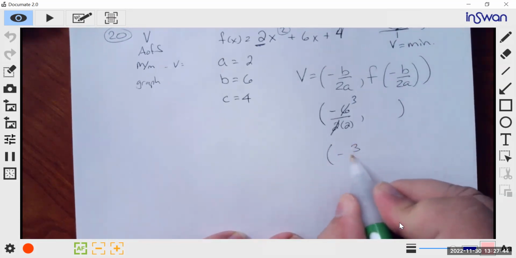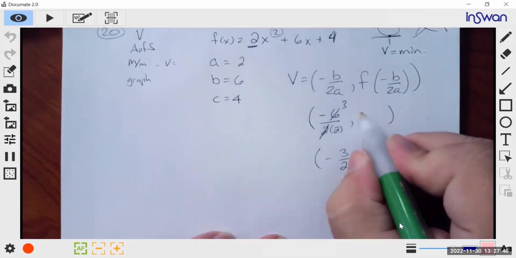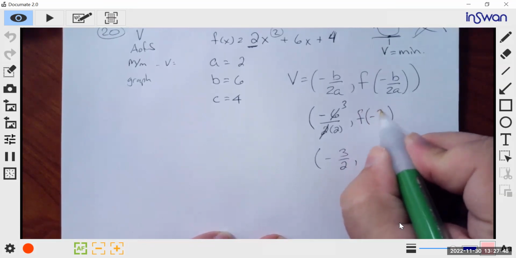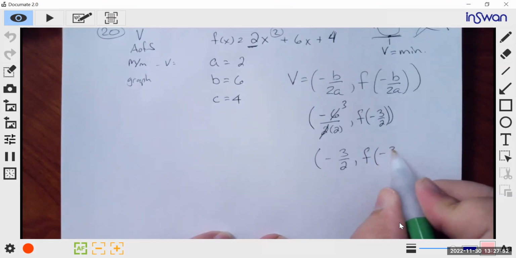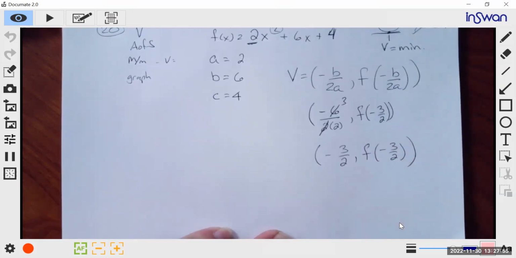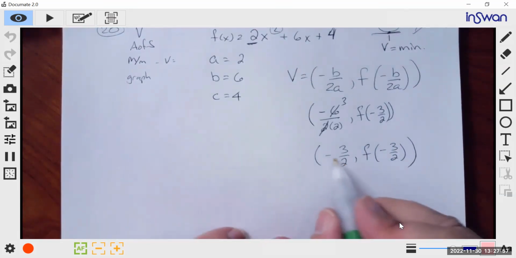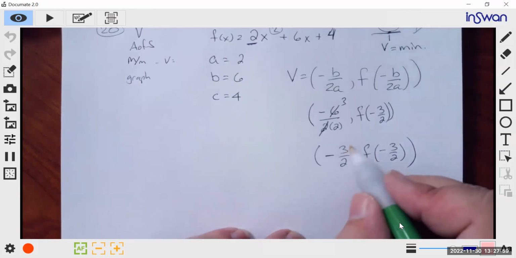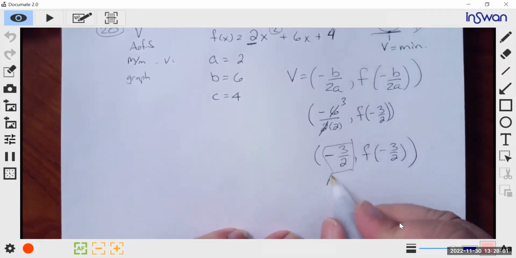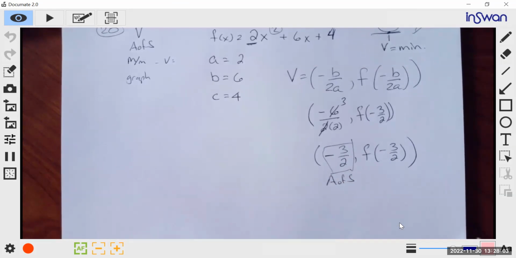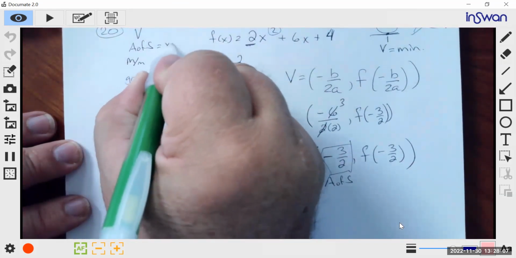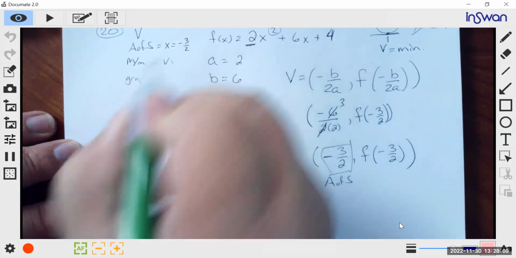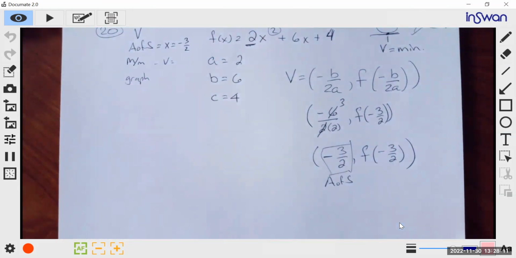So it's negative 3 over 2. So we found the x value so far. This x value is also the axis of symmetry. So at x equals negative 3 over 2, we have our axis of symmetry.